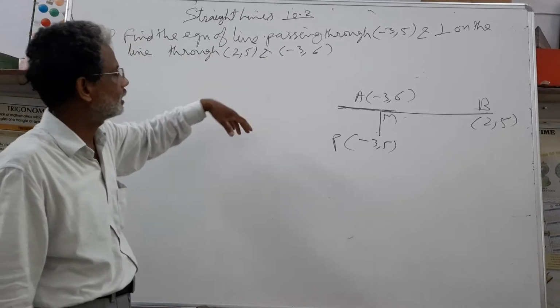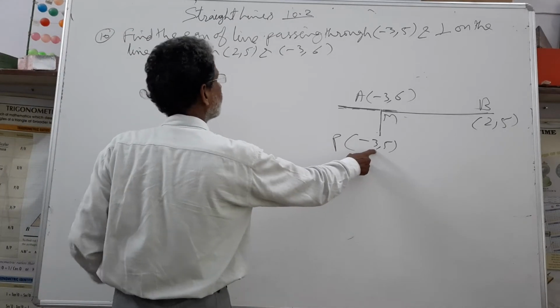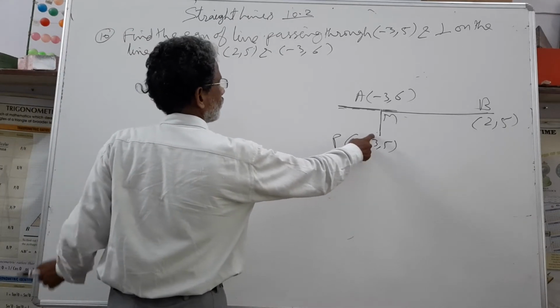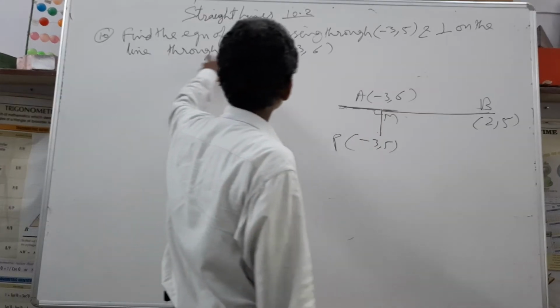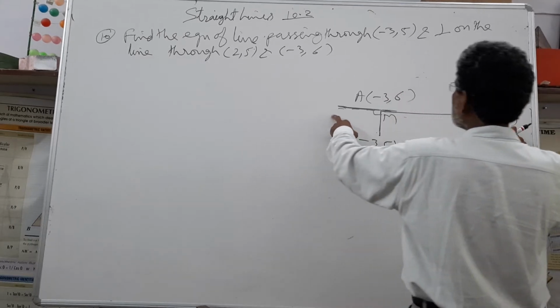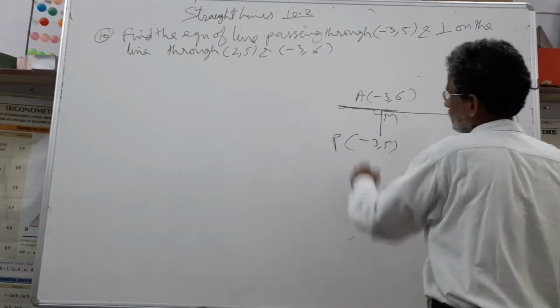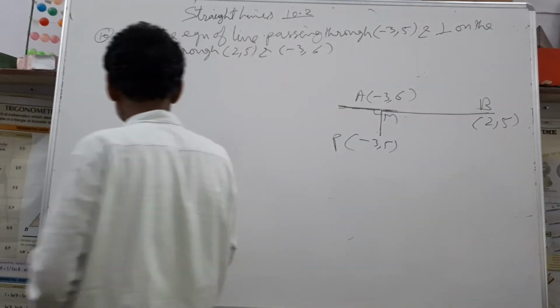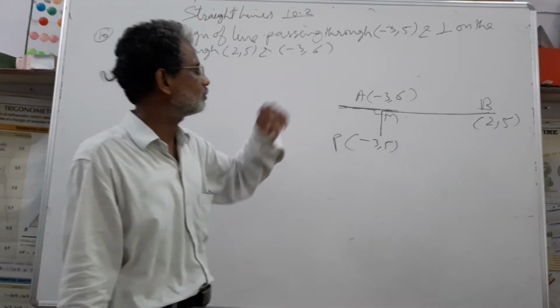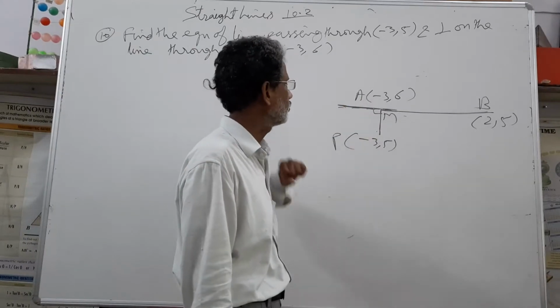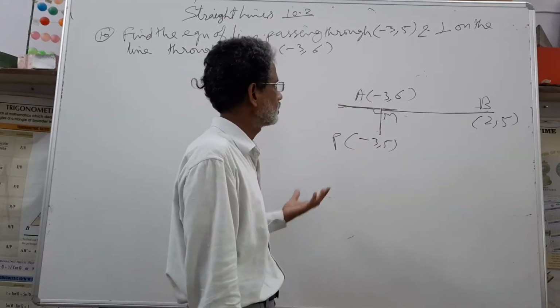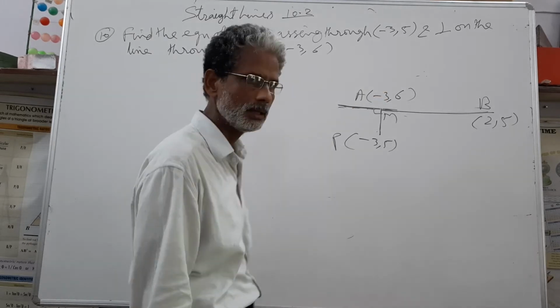Find equation of the line passing through -3, 5 perpendicular on the line through 2, 5 and -3, 6. This is your rough sketch. Since PM is perpendicular to AB, therefore slope of PM will be -1 upon slope of AB.